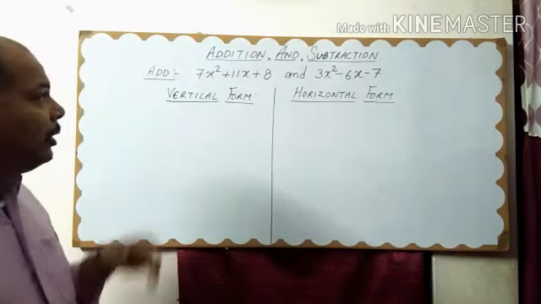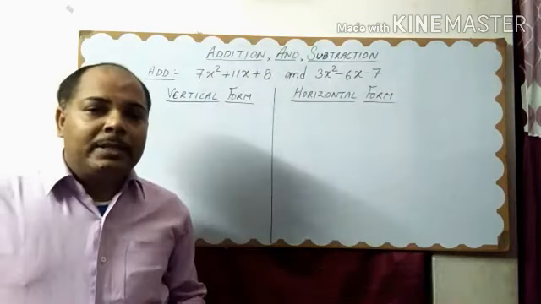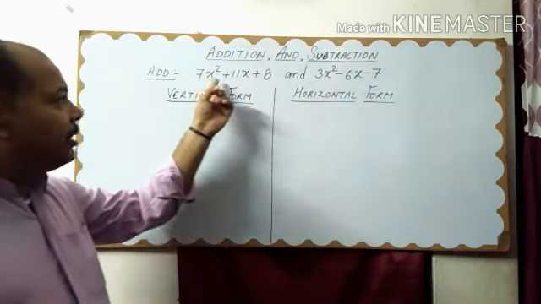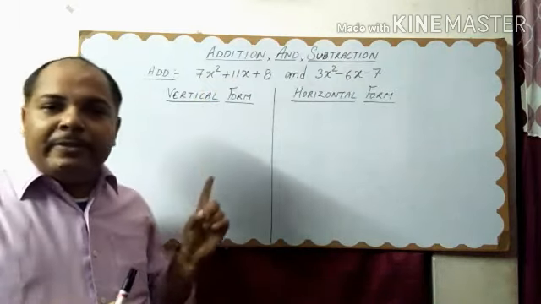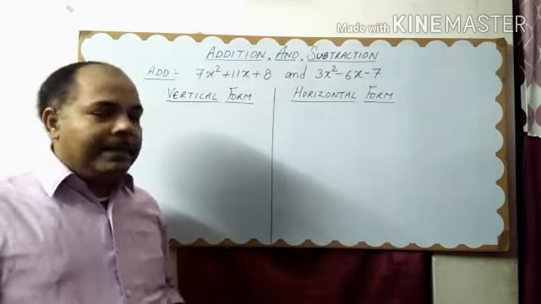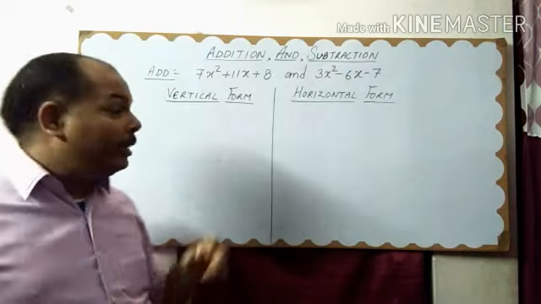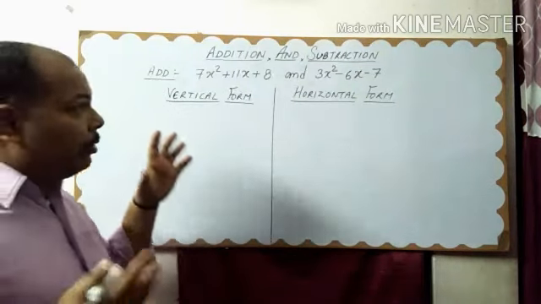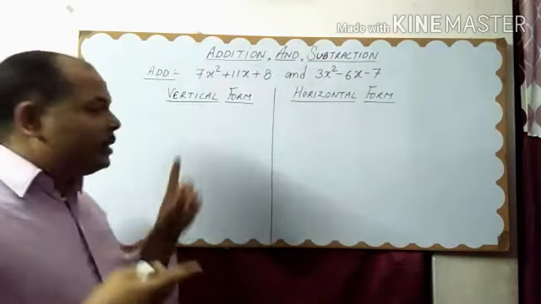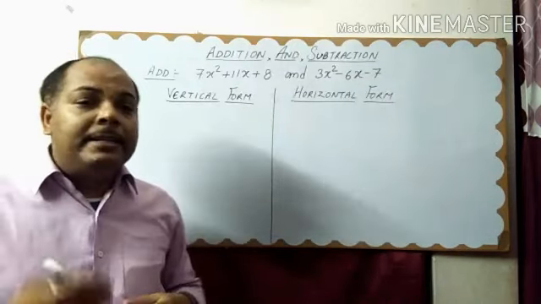Okay. Now we are going to add polynomials in a different example. 7x square plus 11x plus 8 is the first polynomial and 3x square minus 6x minus 7 is the second polynomial. We are going to add these two polynomials in two ways: one is vertical form and second is horizontal form.